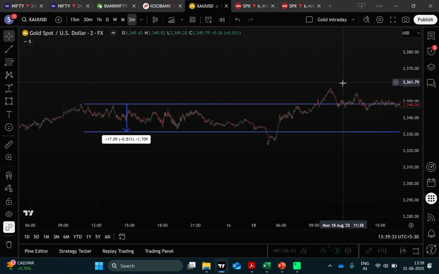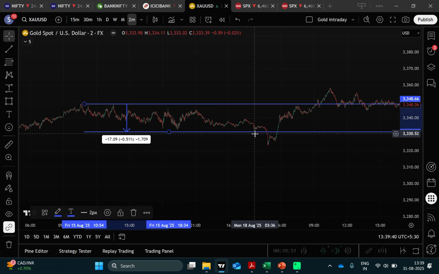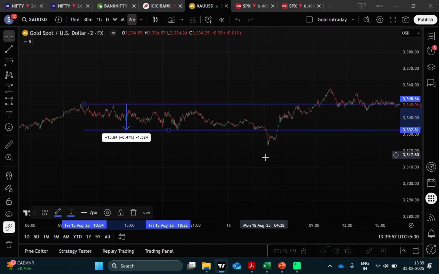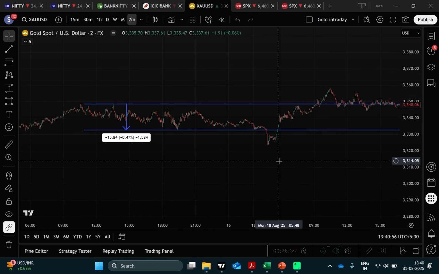It came down, and then, by the way, this is Monday actually, so we cannot take that. We were expecting 17 and we got 15 or 16. It missed by 1 point.